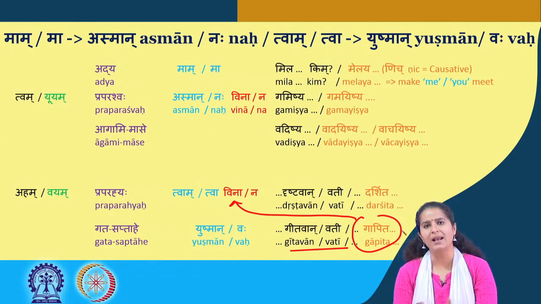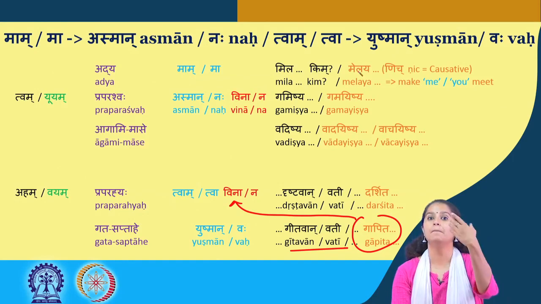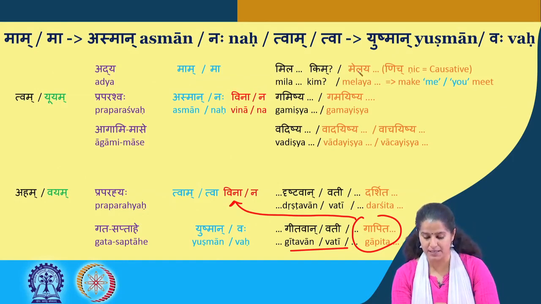Just to close this one, I will do a quick practice with you of the causative as well. So milati becomes melayati. So milati, to meet, melayati, to make meet. Gamishyati, will go, will be gamayishyati, will make that person go.